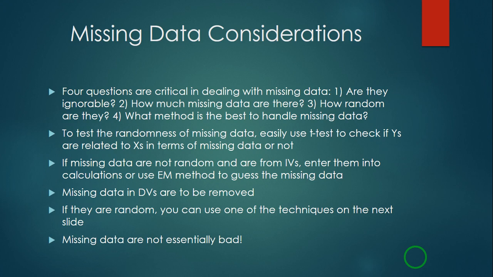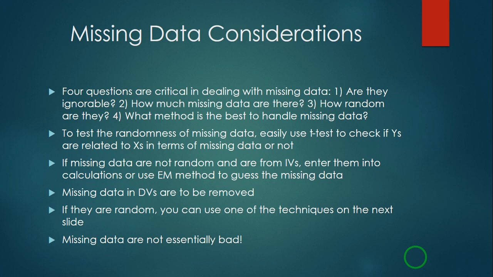I will talk about it later too. Missing data in dependent variables are to be removed. And if the missing data are random, you can use one of the techniques from the next slide.